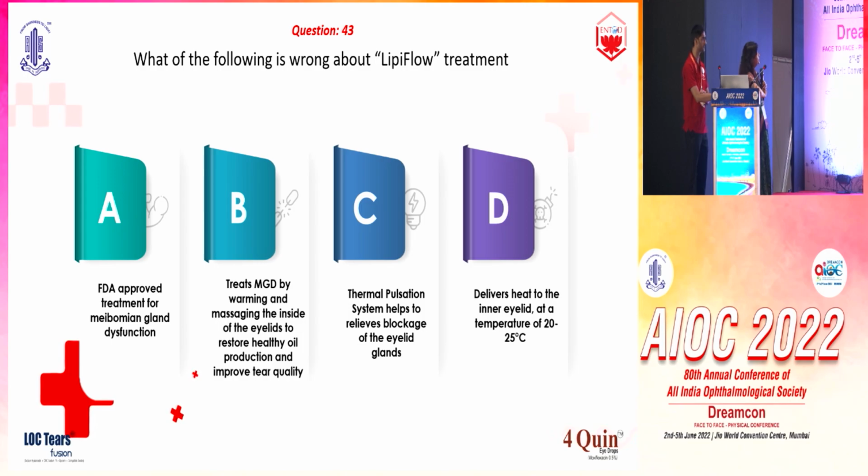Simple question. What of the following is wrong about LipiFlow treatment? FDA approved treatment for meibomian gland dysfunction, treats MGD by warming and massaging the inside of the eyelids to restore healthy oil production and improve tear quality. Thermal pulsation system helps to relieve blockage of the eyelid glands, delivers heat to the inner eyelid at a temperature of 20 to 25 degrees centigrade.